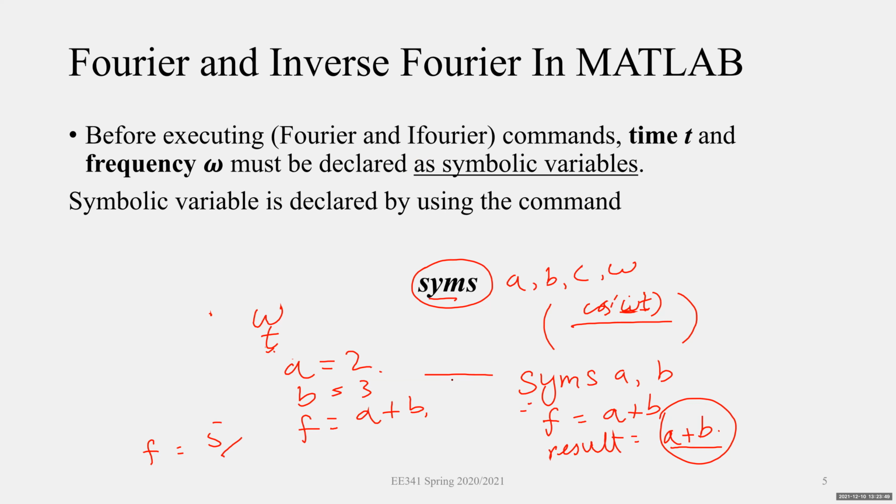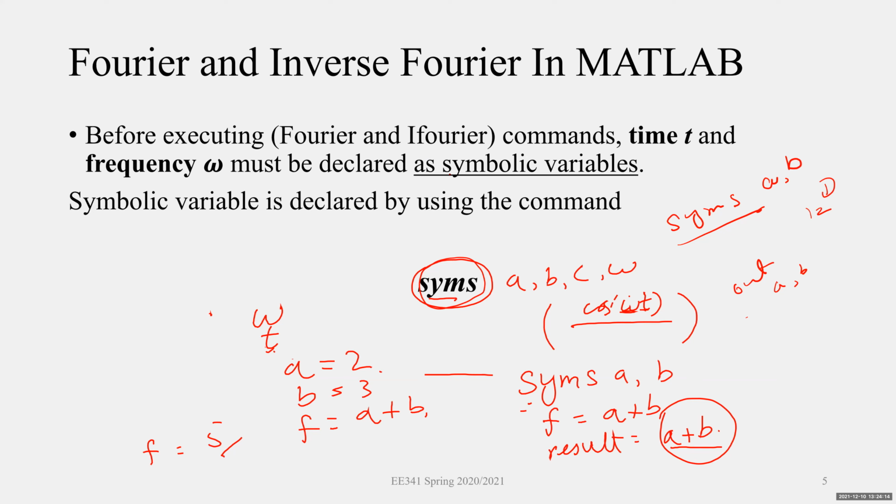So how will I do it? I have to define the symbols. syms will give me the symbolic representation of the variables. For example, if I define symbols a and b, then in my output I will get the result in terms of the symbols, not numbers like 1, 2, 3.